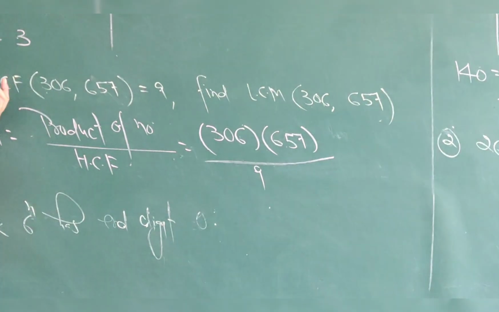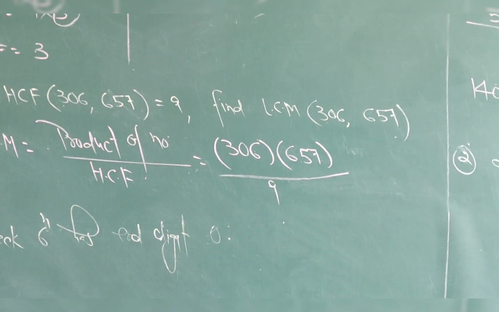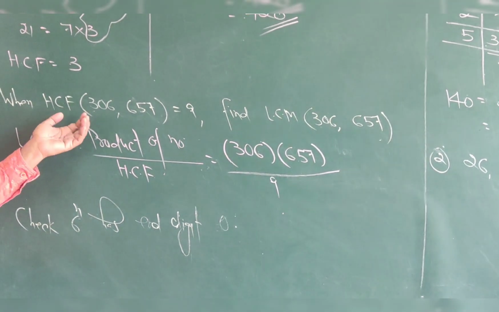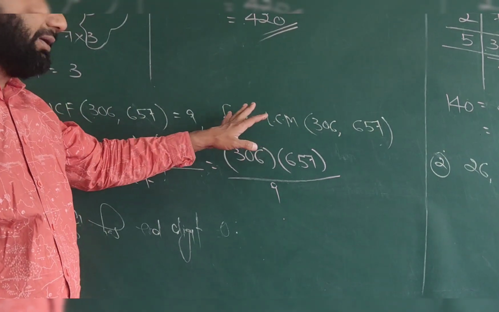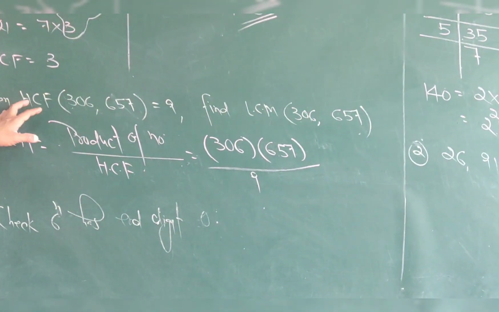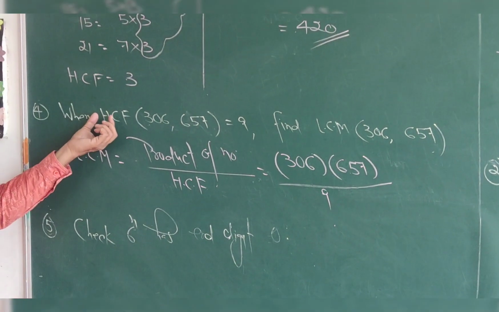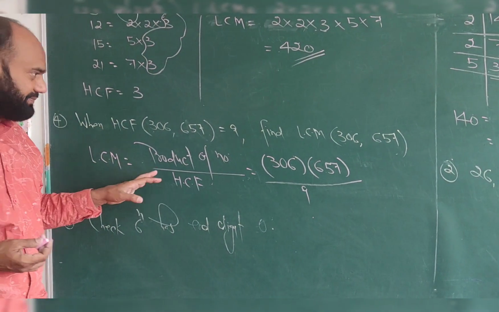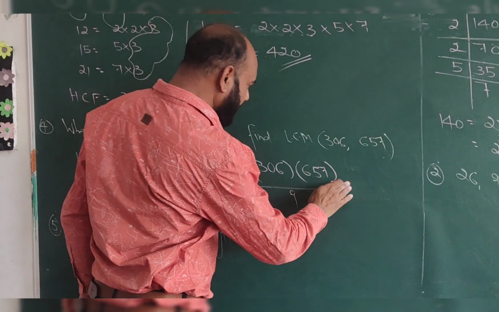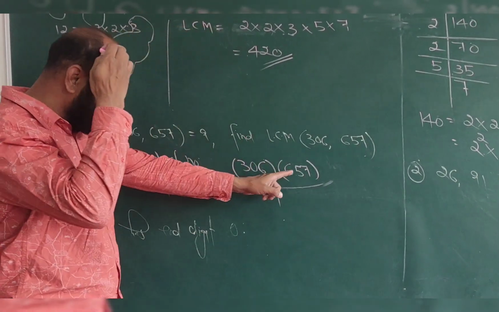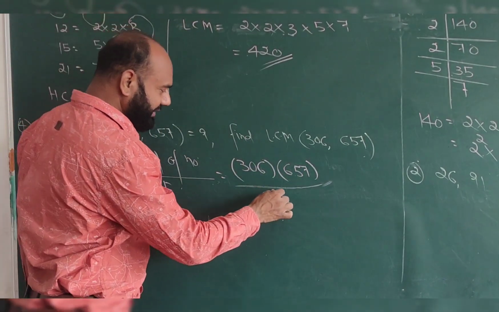And we know what is the meaning of HCF: HCF means highest common factor and LCM means least common multiple. Highest common factor is also called GCD, that is greatest common divisor. Now 306 multiplied by 657 divided by 9.